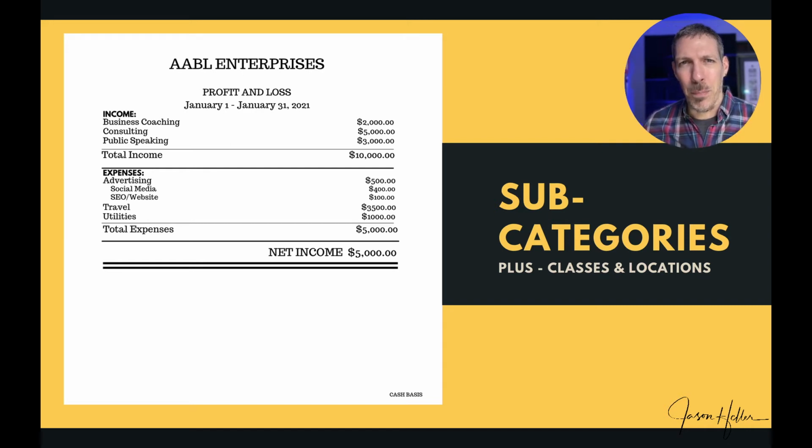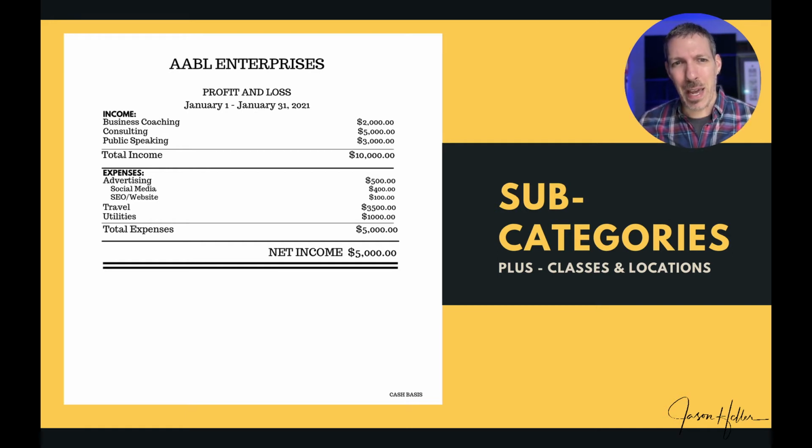A lot of bookkeeping software, besides the ability to add categories and subcategories, allows us to add more detail, such as classes and locations. So perhaps we are doing $5,000 worth of consulting this month, but maybe we want to track the consulting that we did for a specific customer or a specific category of customers.